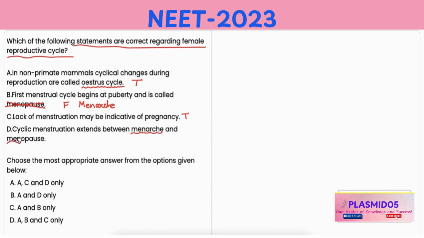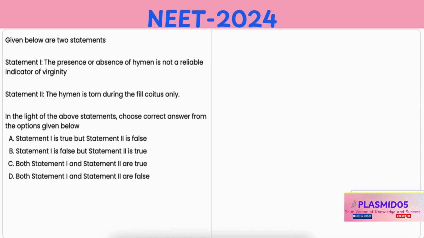It is also correct. The cyclic menstruation typically extends between menarche, the first menstruation, and menopause, the cessation of menstruation. Thus, the correct answer is option A. Options B, C, and D are incorrect as these include incorrect combinations.